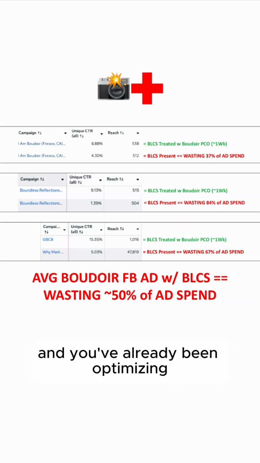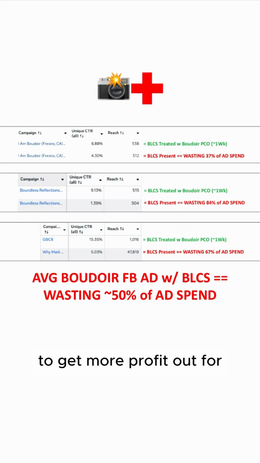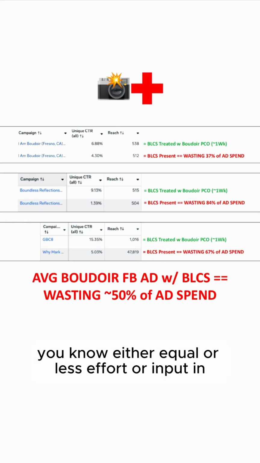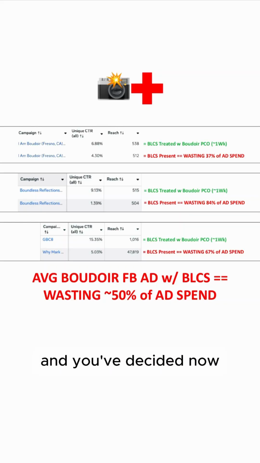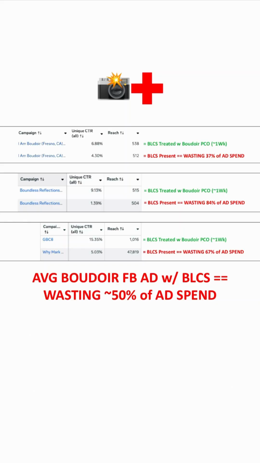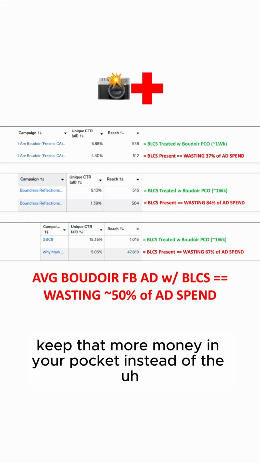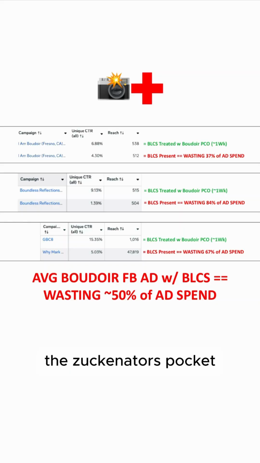And you've already been optimizing other parts of your boudoir photography business to get more profit out for equal or less effort or input in. And you've decided now you want to extract that same optimization through your current boudoir Facebook ads. You want to plug the leaks, so to speak, and keep more money in your pocket instead of the Zuckinator's pocket.